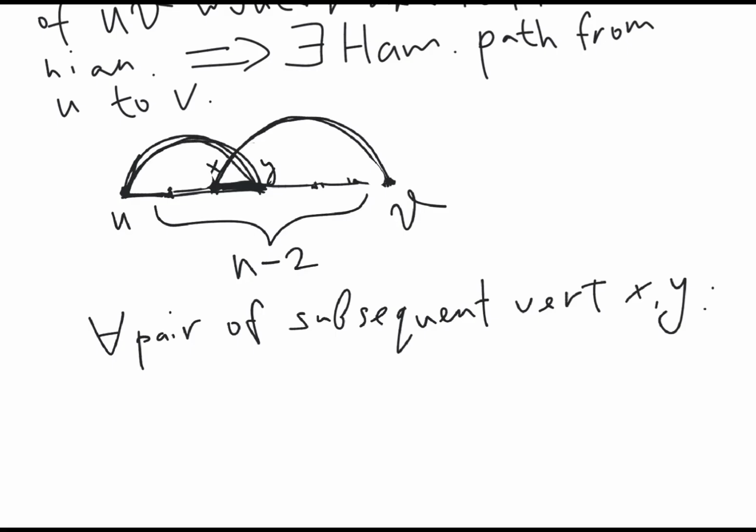These two possible edges, we notice that the graph cannot contain both of them. Let me draw it in a dashed manner, since we don't know if it's an edge.